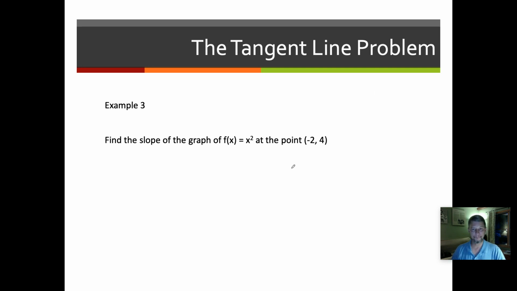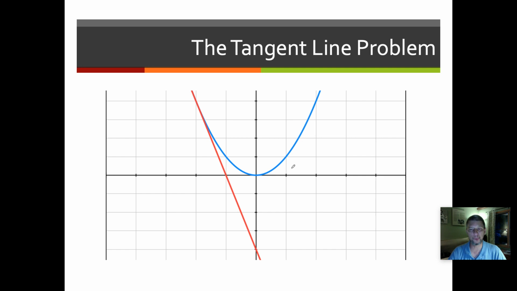So here the blue curve obviously represents f of x equals x squared. And the point -2, here's -2, 4 is right here. And so I want to calculate the slope of this line. Now, because I've got a very pretty graph right here, if you look at this very carefully, you should be able to figure out that the slope of this line is -4.